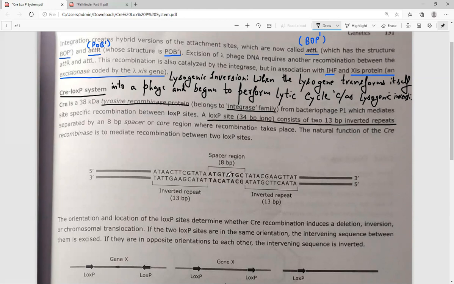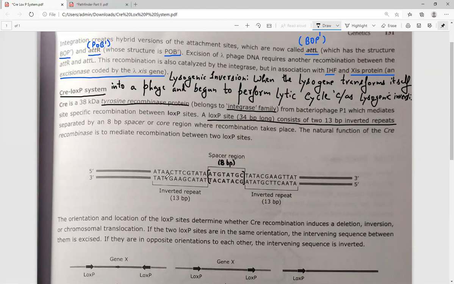The centrally present sequence is of 8 base pair. You can find here, this is the centrally present sequence. It is already written, and there are sequences flanking this 8 base pair region. Which are those sequences? Those are the inverted repeats. You just have to look. These are the repeating sequences that you can find.